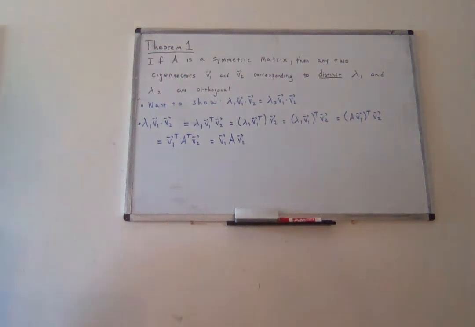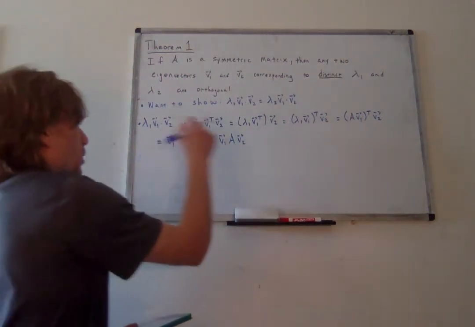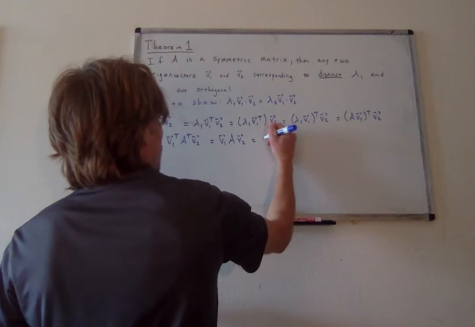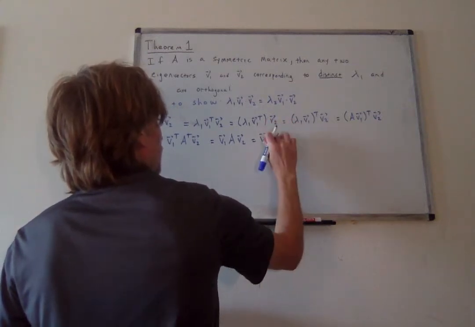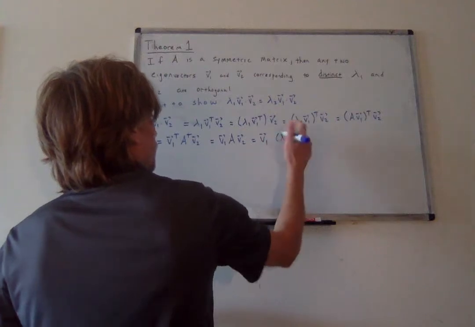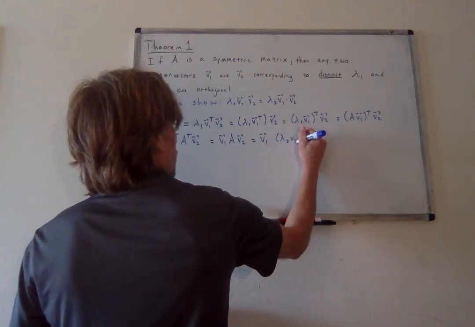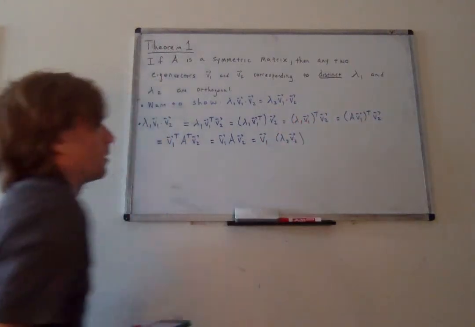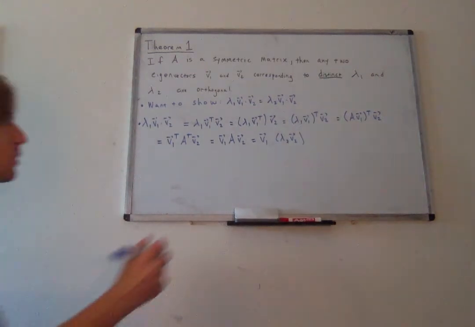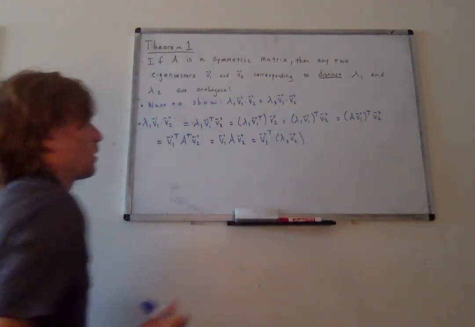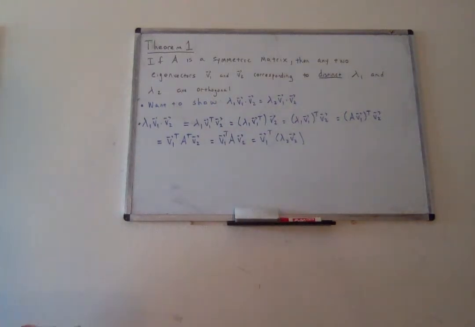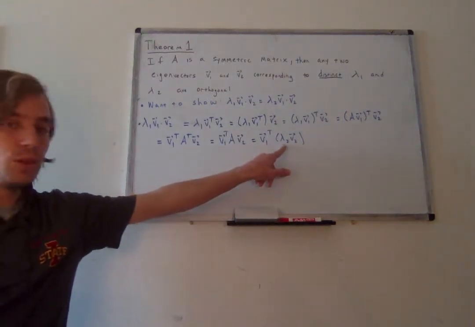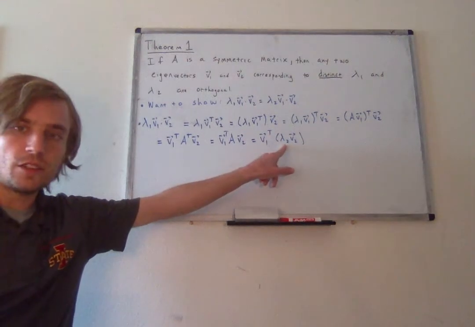And just like magic, we've taken this expression, which only had lambda 1 in it, to v1 transpose times lambda 2 v2, and we've managed to extract a lambda 2.